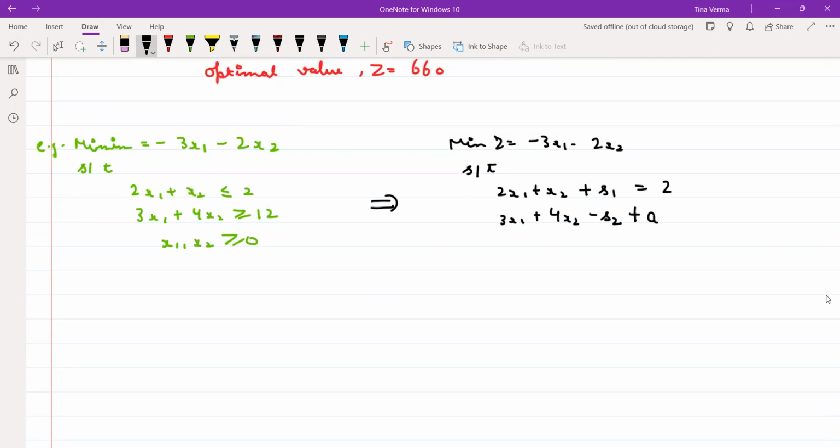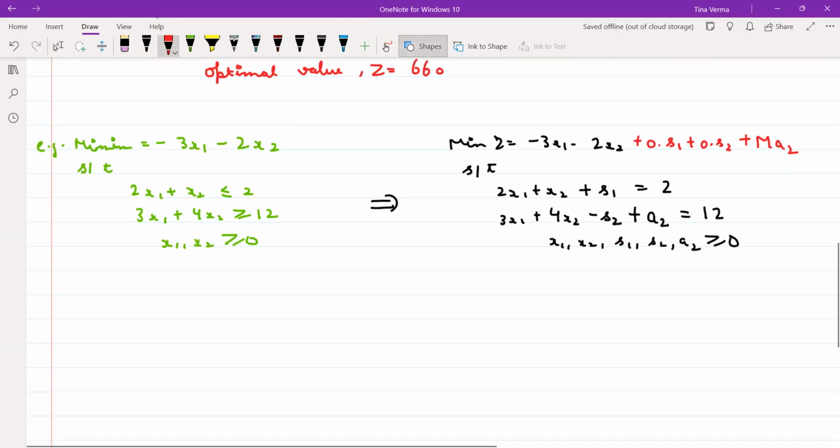I am adding an artificial variable in the second constraint, giving it the name A2. So x1, x2, s1, s2, a2 are all greater than or equal to 0. Because this is a minimization case, it will be 0 into s1, 0 into s2 plus M times a2. I have given the name A2; this is your choice, you can give any name.